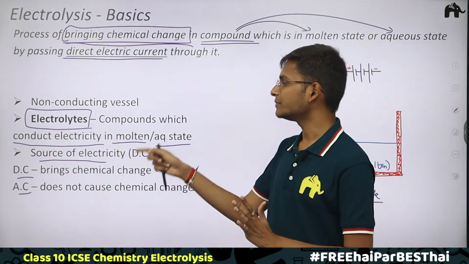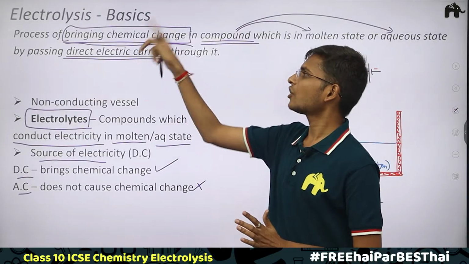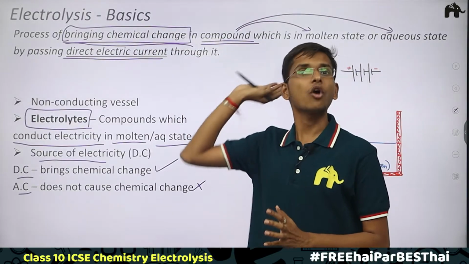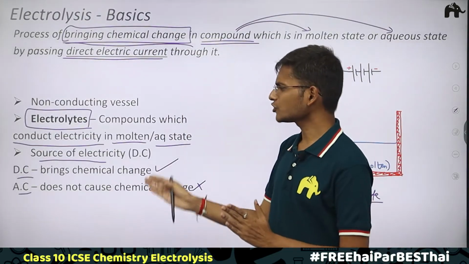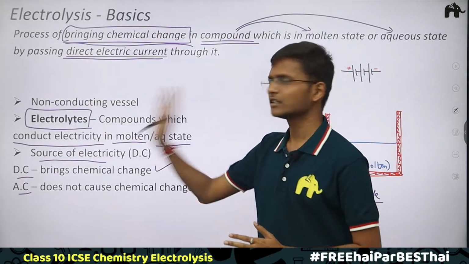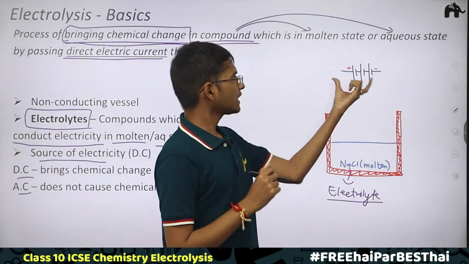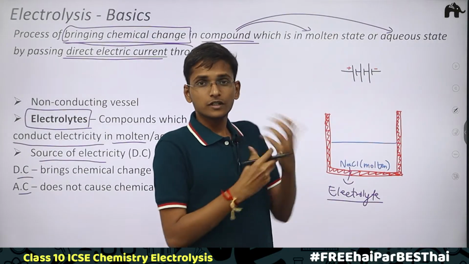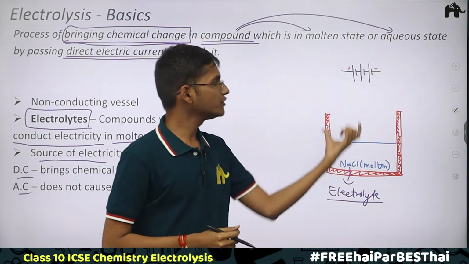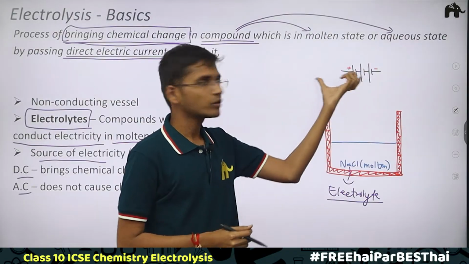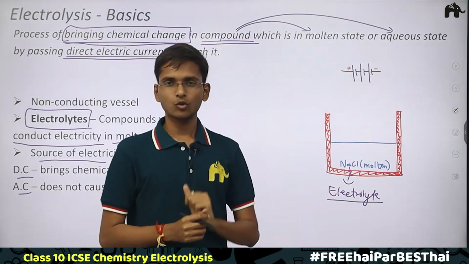Clear? Because it brings the chemical change, and electrolysis is all about bringing a chemical change in a compound. Clear? So I would need a direct current source. So I have taken this battery, simple. And now further we would see how we would pass the current in this electrolyte.